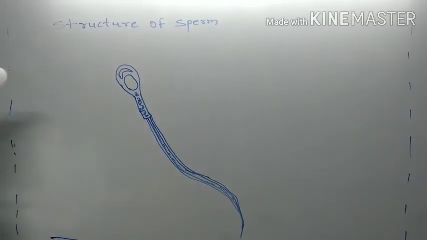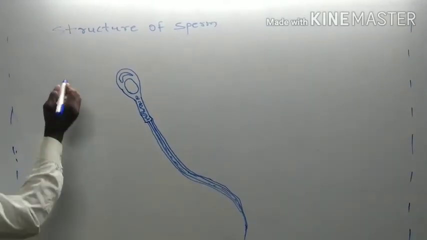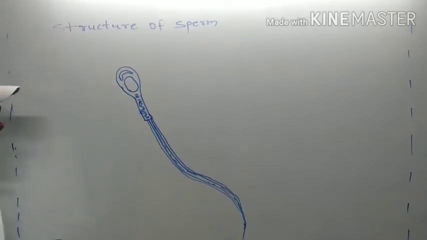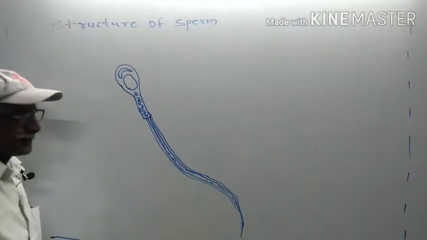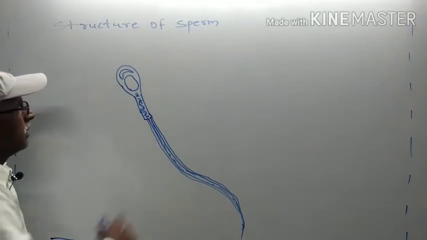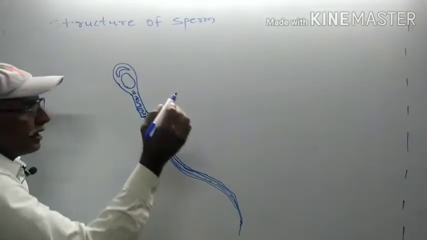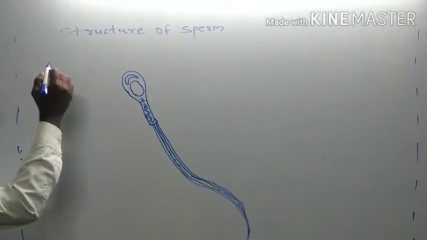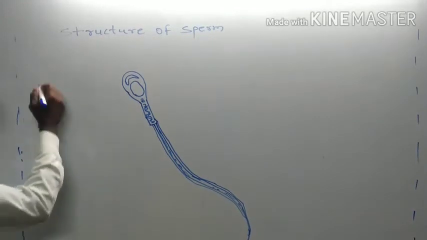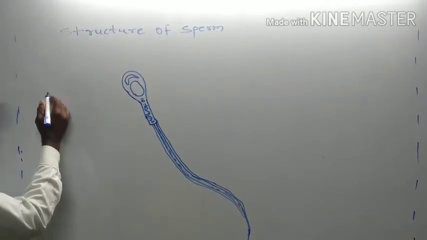If we see the figure of sperm, it is approximately like this, in which we can divide it into four parts.